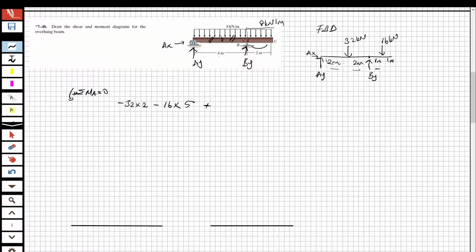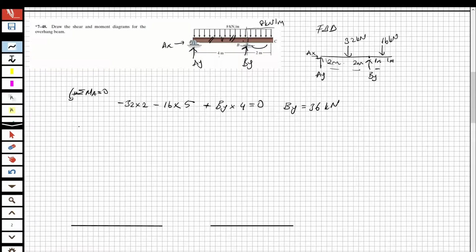Look at here, we don't have any other vertical forces, because I'm going to take the moment with respect to A, so I cannot deal with Ay and Ax. So By multiplied by 4 equals 0, and By will be equal to 36 kilonewton.